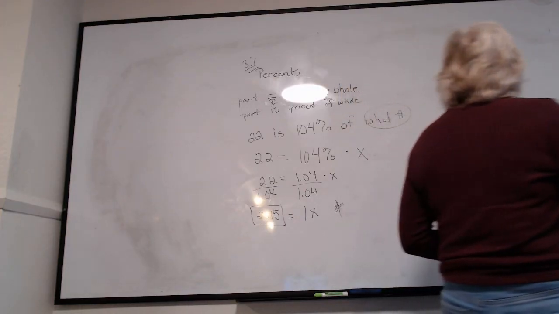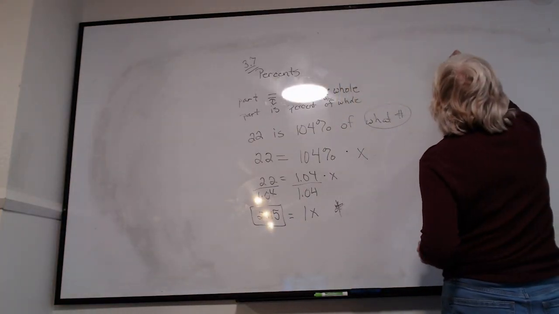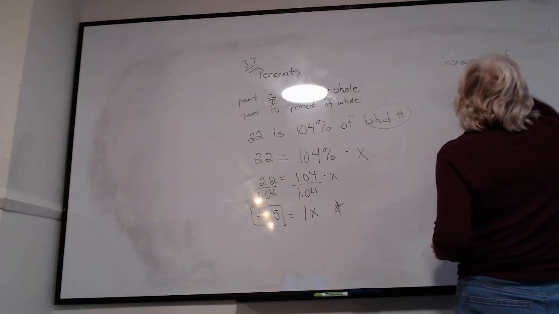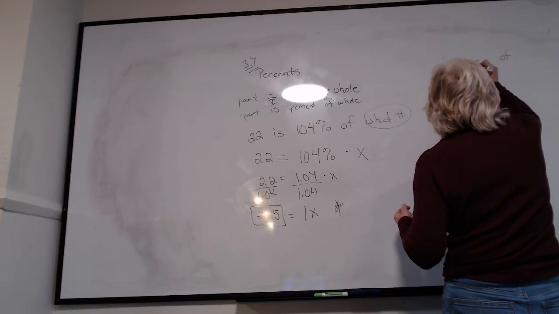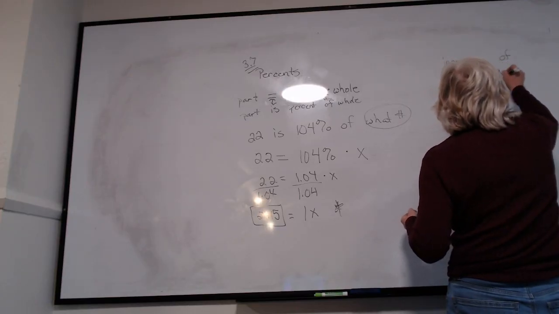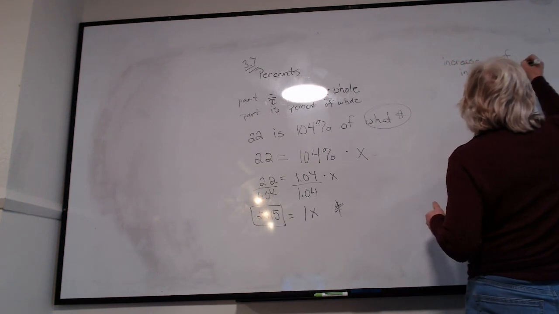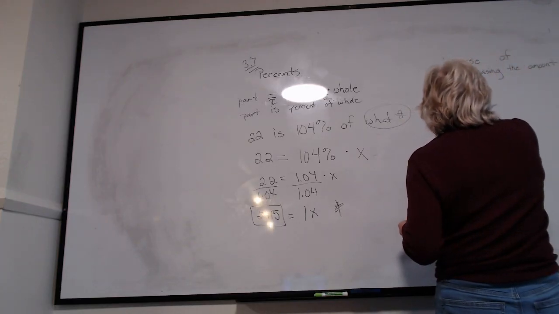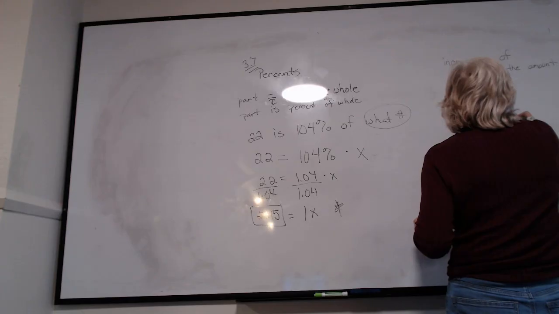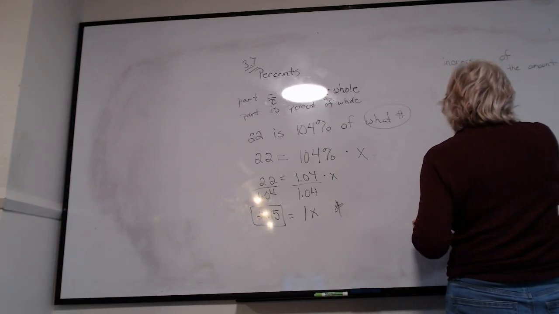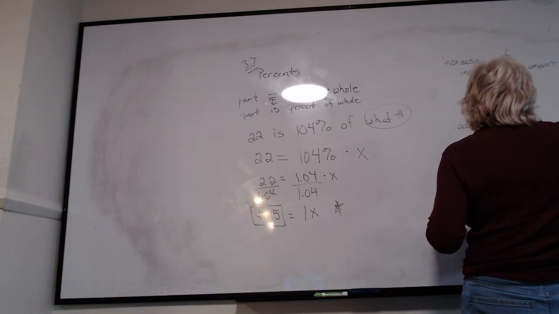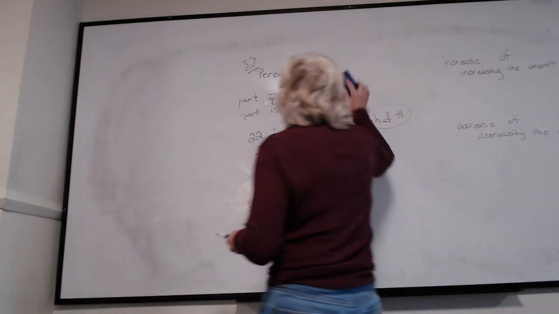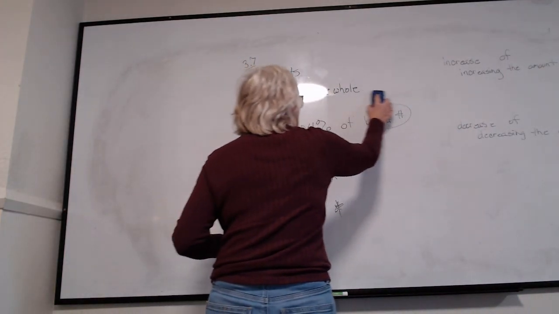We're going to talk about when we say an increase of, or we're increasing the price, increasing the amount by a percent, and then the decrease of, or we're decreasing the amount. Still going to use this formula, basically.